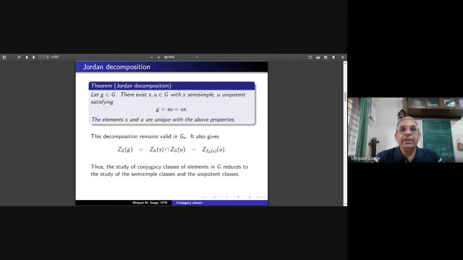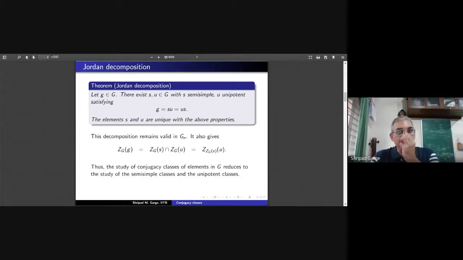It says that whenever you have a group G and an element g in G, there are two elements, one being semi-simple, the other unipotent, which commute with each other, and therefore they also commute with g, being the product of these two. And once you have these properties, the elements s and u are unique.